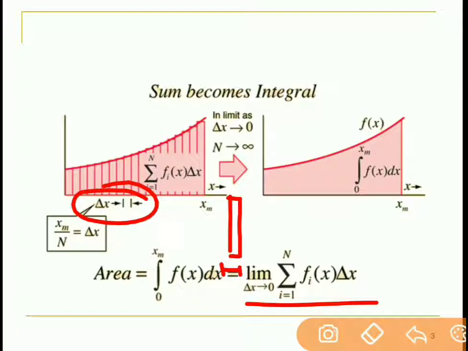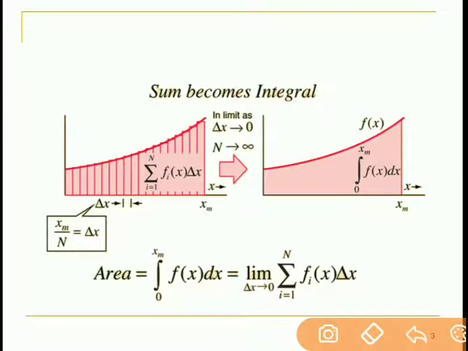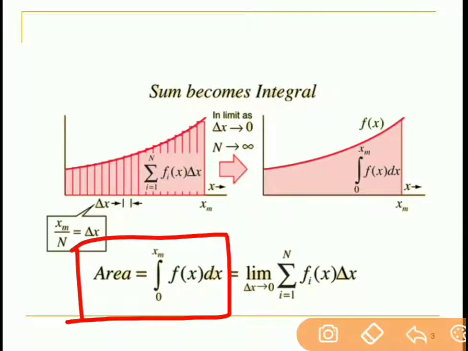We can say that there are an infinite number of strips in such a way that delta x tends to 0. So this can be represented as the integration of f(x) into dx. So we can say that integration is used to find the area under the given curve. This is the most important thing to understand.